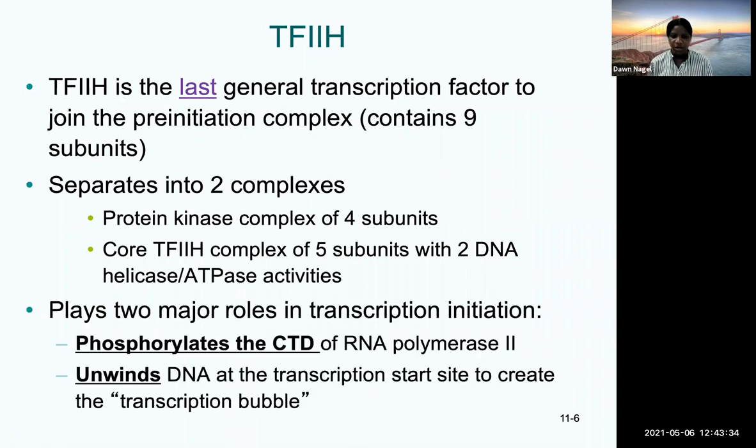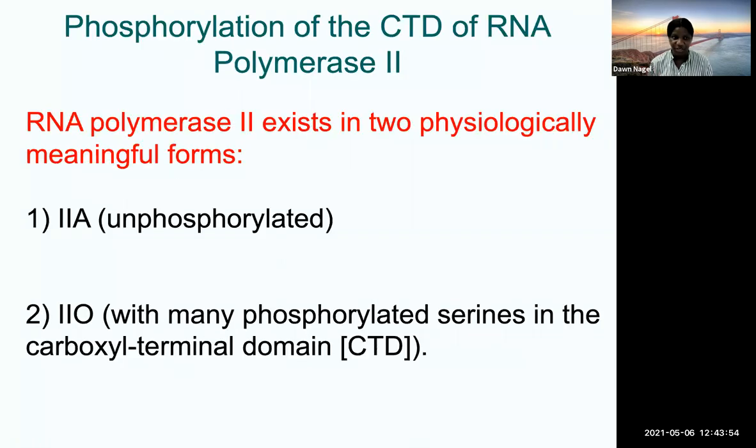So the phosphorylation by TFIIH is important for the activity of RNA polymerase II. That phosphorylation occurs at the C-terminal domain, and the helicase activity also helps to unwind the transcription start site, forming that open complex at the promoter.